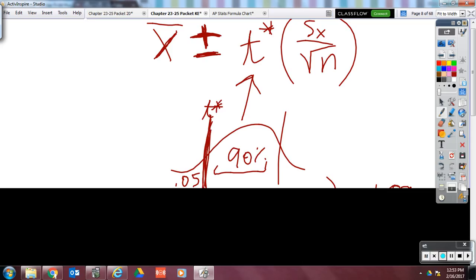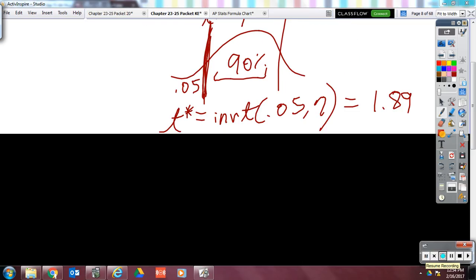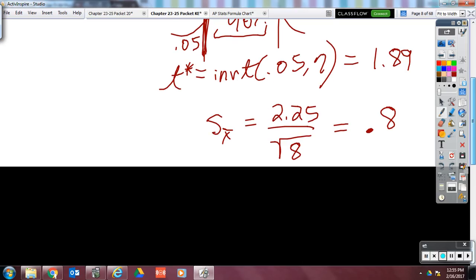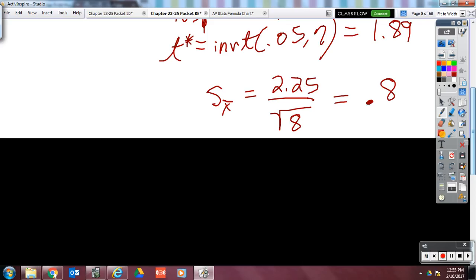Okay, so I did inverse t of 0.05 comma 7 degrees of freedom. And so my critical value was 1.89. And then that standard deviation of the statistic, S of x bar, is 2.25 over the square root of n, which is over the square root of 8, so that's 0.8.